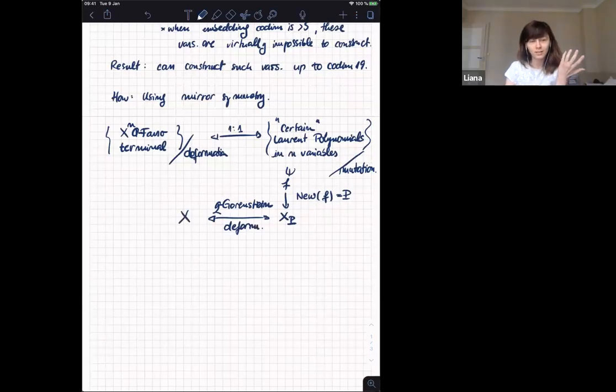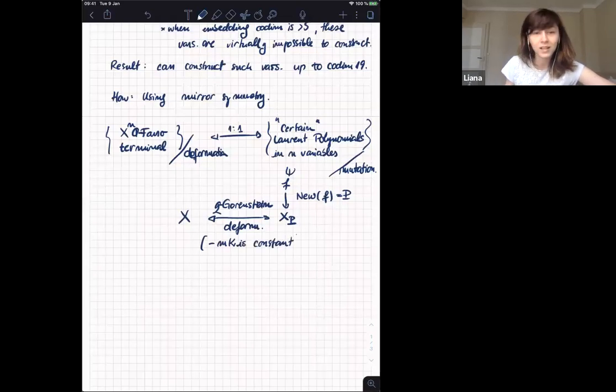There is more geometric meaning in the sense that these Laurent polynomials don't just fall from the sky. You can get a hint of what they should be by degenerating your variety X onto a toric variety X_P. Q-Gorenstein deformation for me essentially just means that -mK is constant in this deformation family.